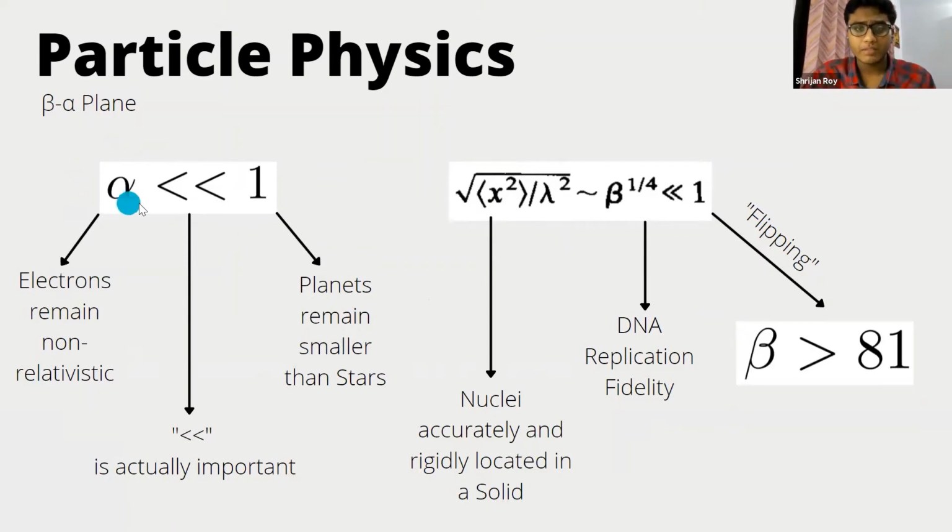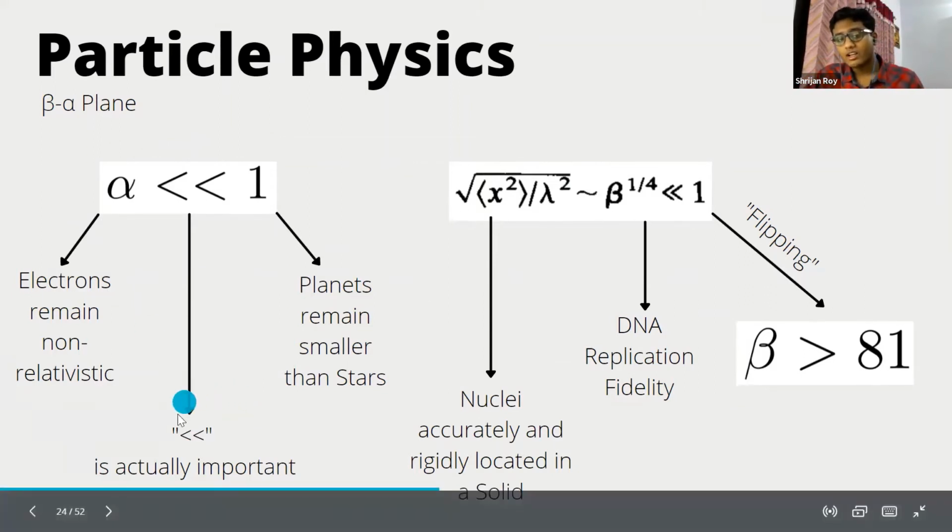So one of the implications of alpha less than 1 is that electrons remain non-relativistic. Actually, electrons are low relativistic, but they aren't ultra relativistic. But if alpha is nearly 1 or somewhat greater than that, they will become ultra relativistic, and that will cause some problems for the spinning around the nucleus.